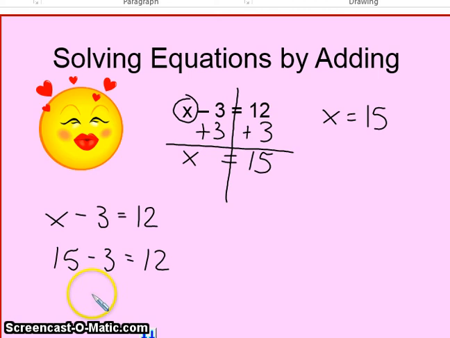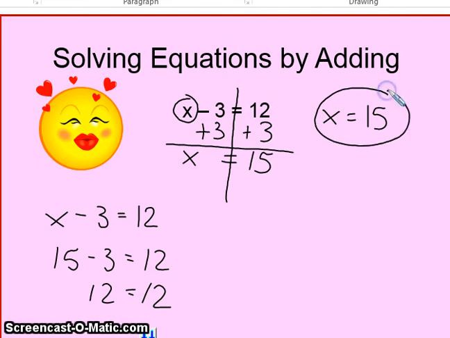Well, I know that 15 minus 3 is 12, so now my statement is 12 equals 12. Since that is true, x equals 15 is my solution. You can always check an equation by plugging in your solution to the original equation.